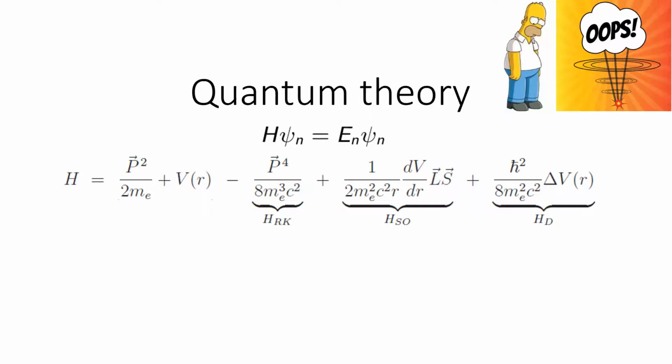Just like over here, we did this, but then we said, oh, it's in an electric field. It's not quite the right answer. So we have to add this extra potential to it. Over here, we're adding actually two extra potentials. Here's the basic hydrogen atom. We added two potential terms and a kinetic term, a relativistic kinetic term. And so by doing that, we will effectively change the answer.